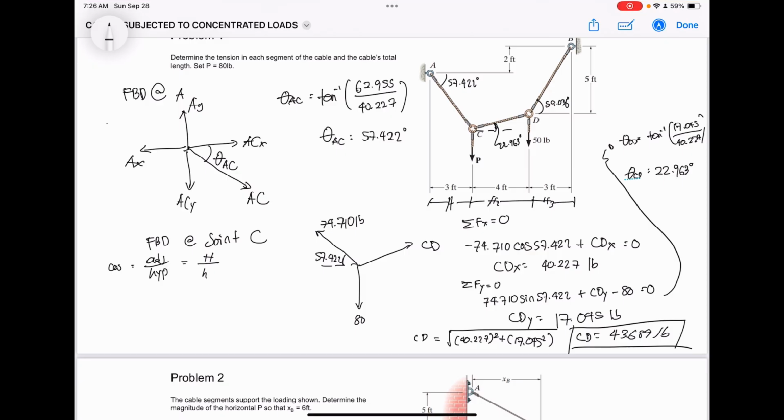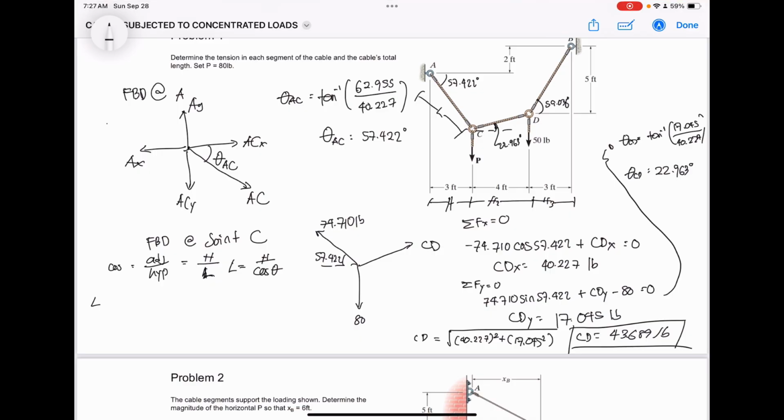Yan, small h na lang. So, no, hypotenuse, length. Sorry, length. So, based on the horizontal distance and angle, with respect to the horizontal, we can obtain the lengths na of the segments. So, L is equal to H, horizontal distance, all over cosine angle.